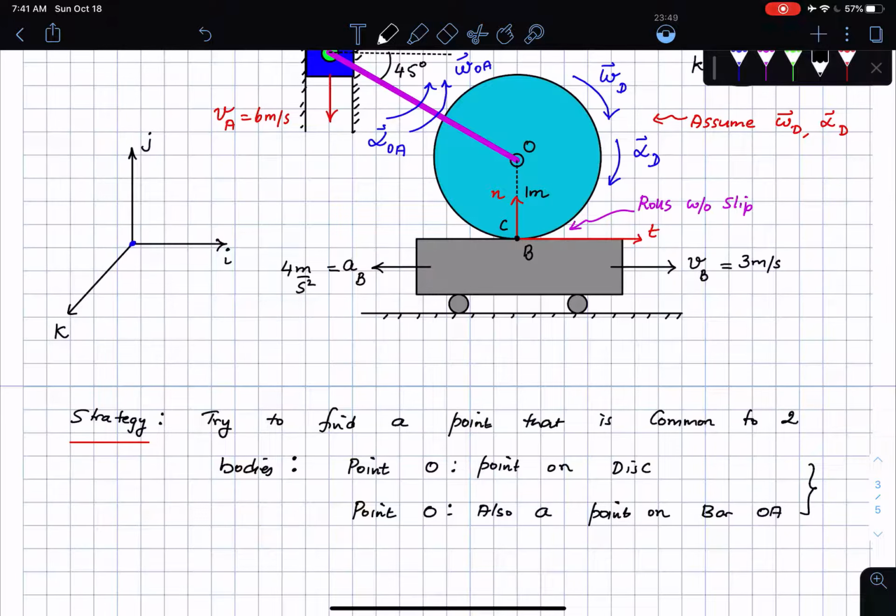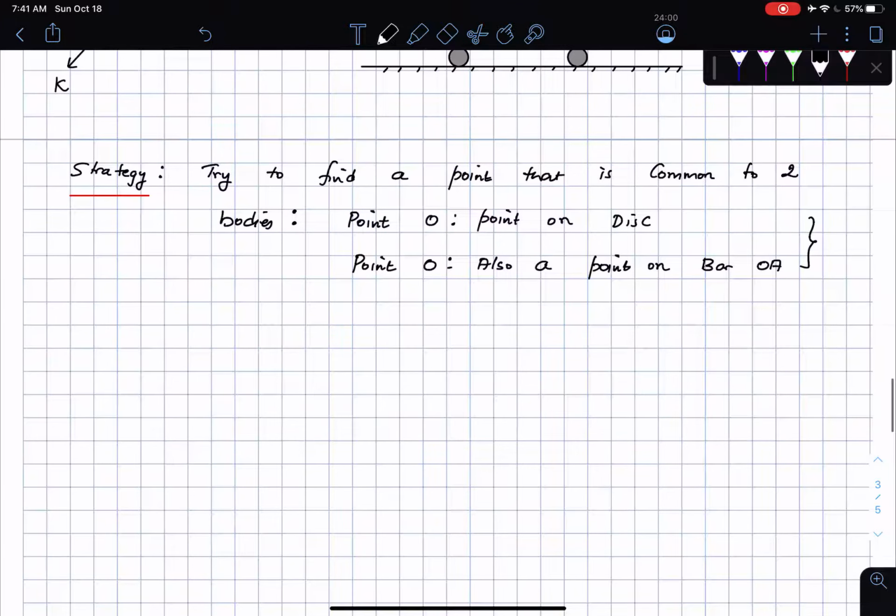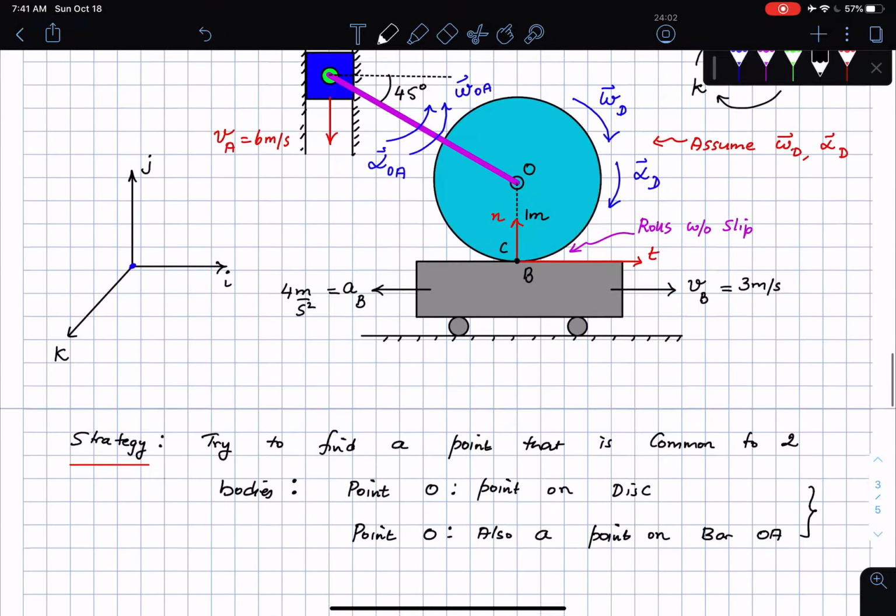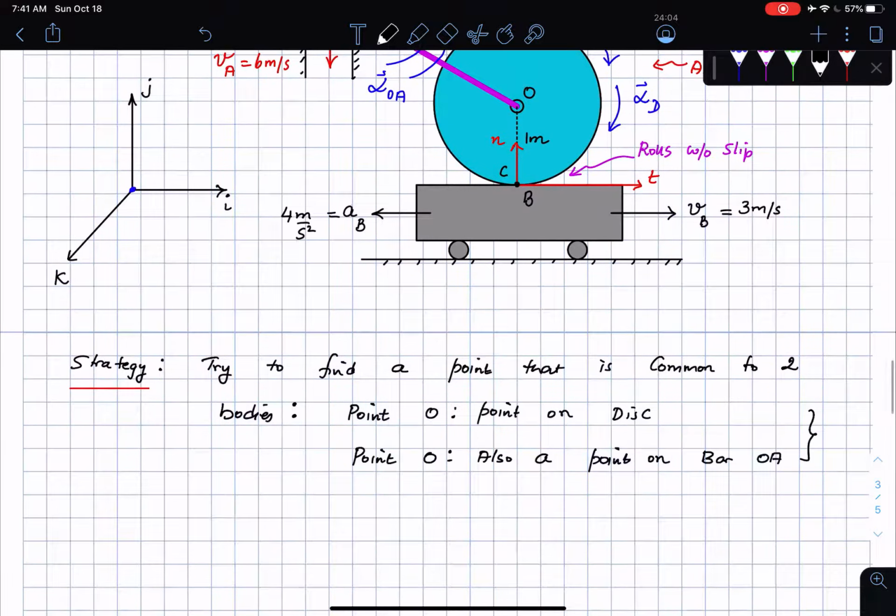I write the velocity of point O using information from the bar OA, but this is the same point, which means that those two velocities have to be the same. This is the strategy that I'm going to employ. Here is what I'm going to do next. Let's write the velocity of point O. For that, I need to have the figure shown here. So first, point O on the disk. Look at the disk first.